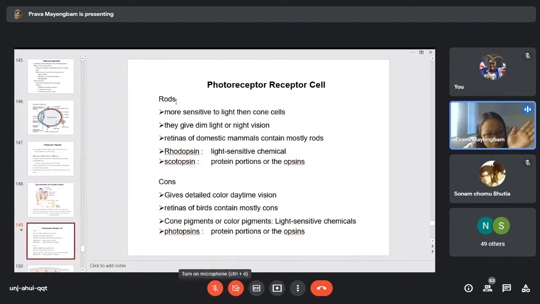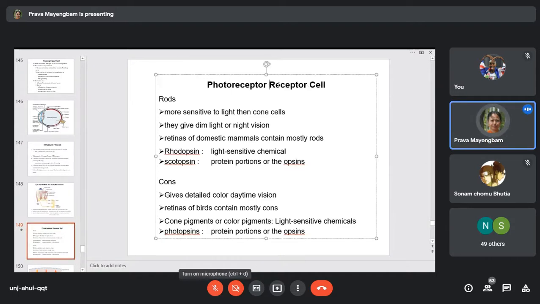Have you heard these terms, rods and cones, earlier? Yes. These rods and cones are nothing but photoreceptor cells. What do you understand here? They receive light.